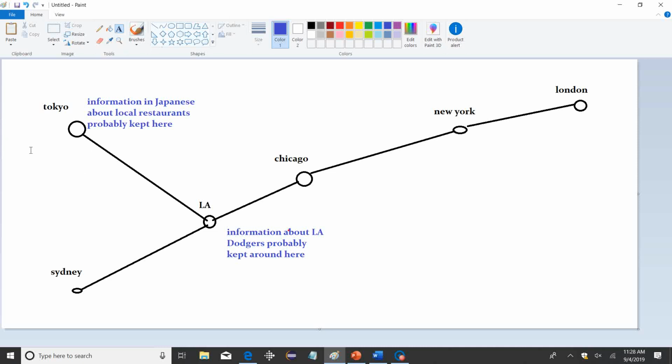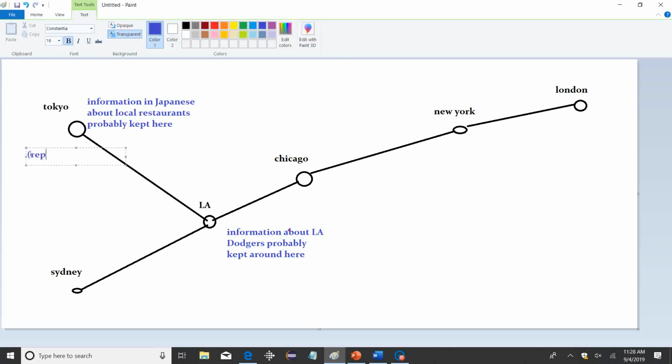So if, for example, the Dodgers make the World Series, and there are a lot of people from Tokyo considering making a trip out there to watch some of the World Series games, you can replicate that LA Dodgers data to the Tokyo data center, right? And then it'll be there and you'll solve that problem if it gets popular enough, okay?